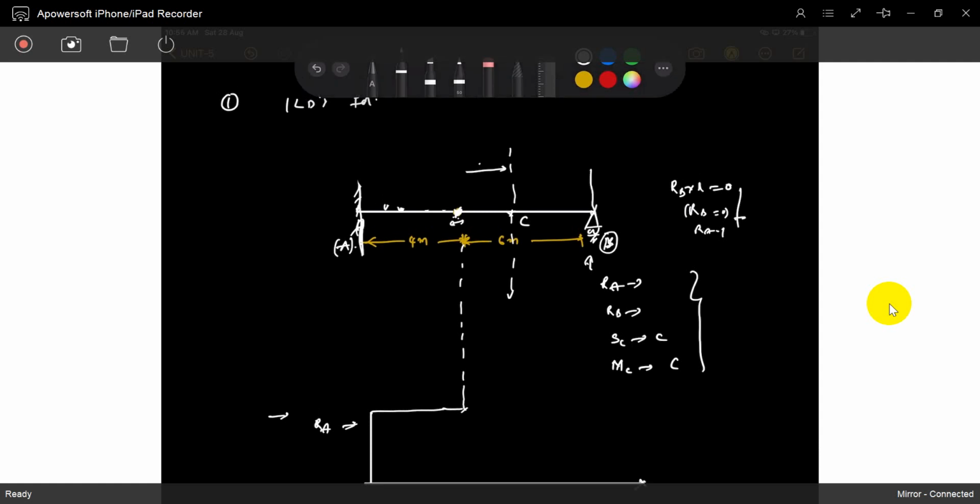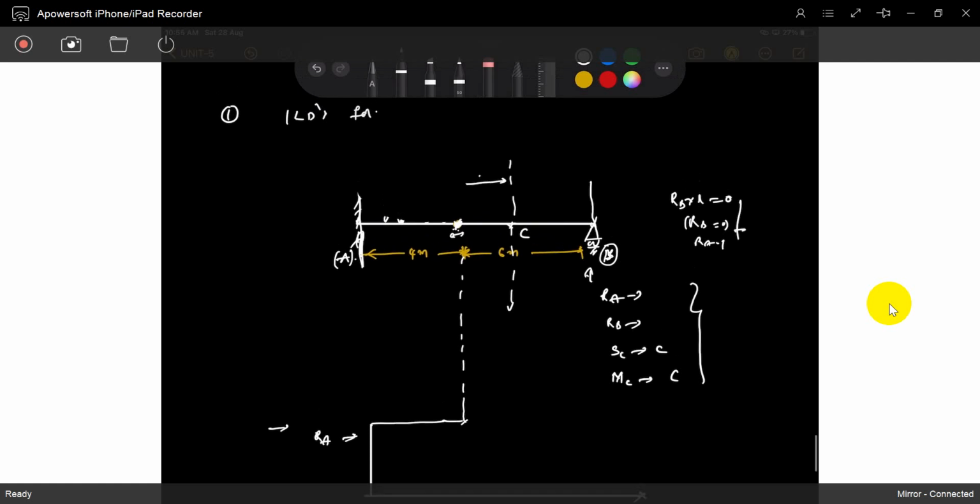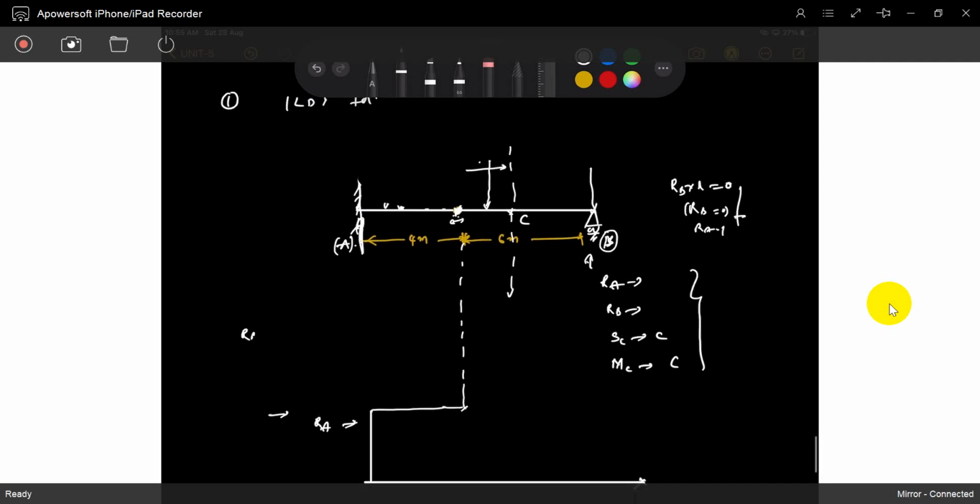We already know RB is 0 there. So now you can see the load is at here. So what will happen? Again see, RB multiply with 6, and this load, 1 multiply with this distance, the distance is some x, should be equal to 0.